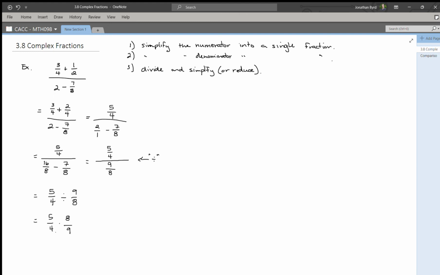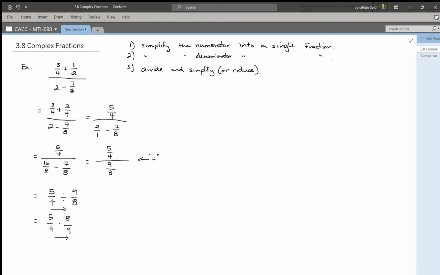And now I could do one of two things. I could go ahead and do this multiplication, but I could look at cross simplifying as well. I know that I'm going to multiply straight across, denominator times denominator and numerator times numerator, but I might as well go ahead and see if there are any common factors that I could cancel out. And indeed, there are factors, right? 4 and 8 are multiples of each other. They both have 4 as a factor.